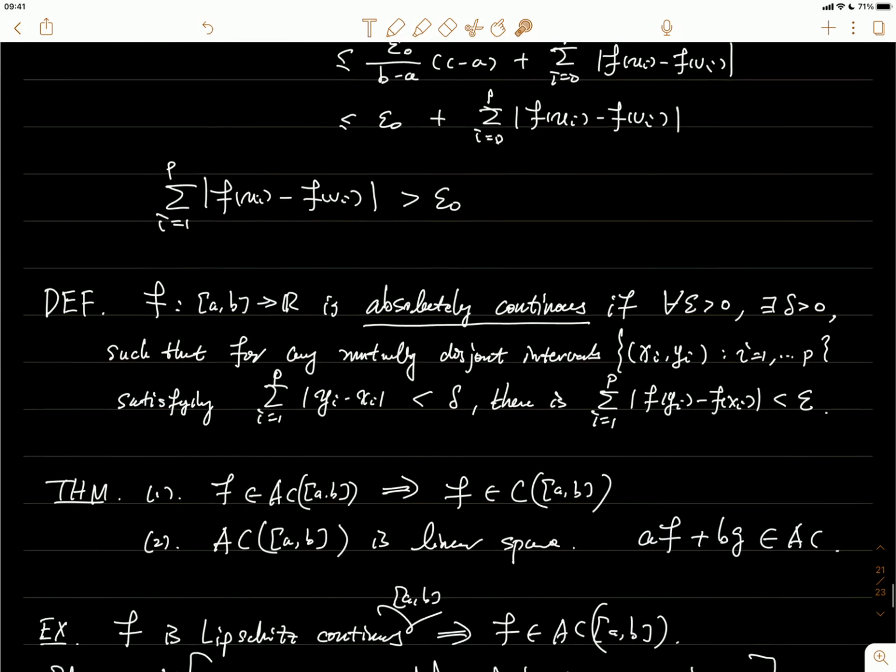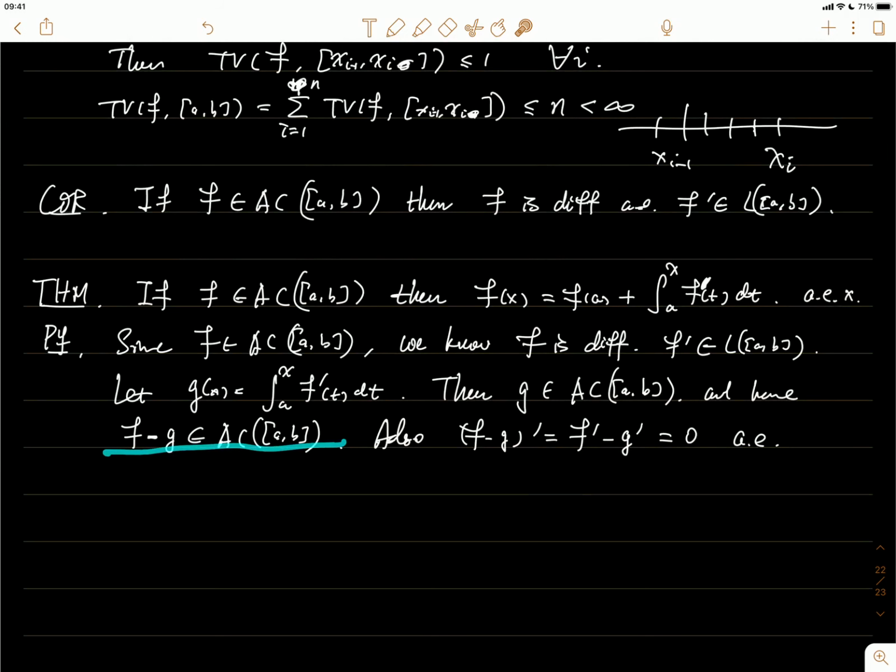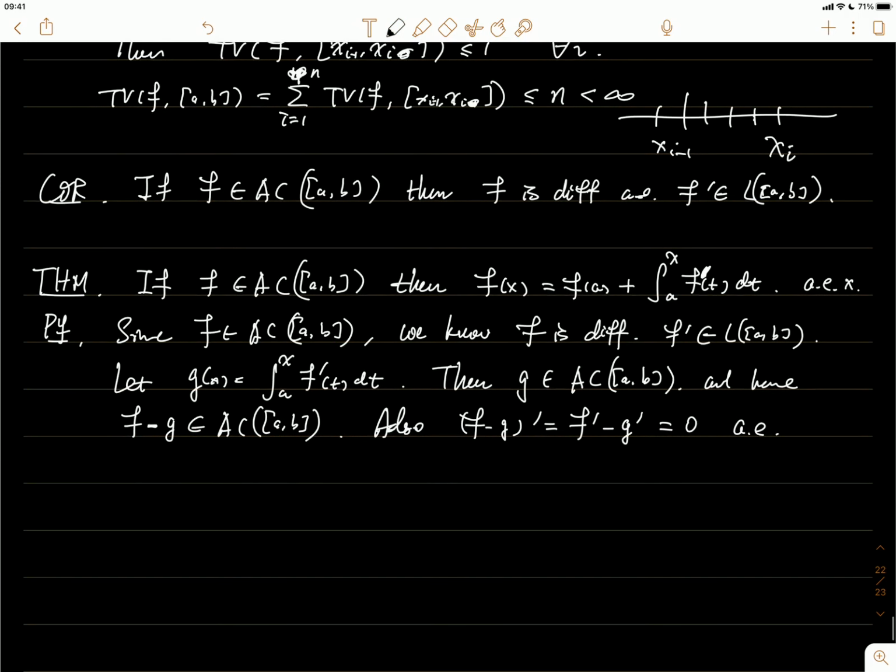But that is a contradiction to the fact that the difference is indeed in AC. So by the lemma at the beginning of this section, we know that f minus g must be equal to a constant.